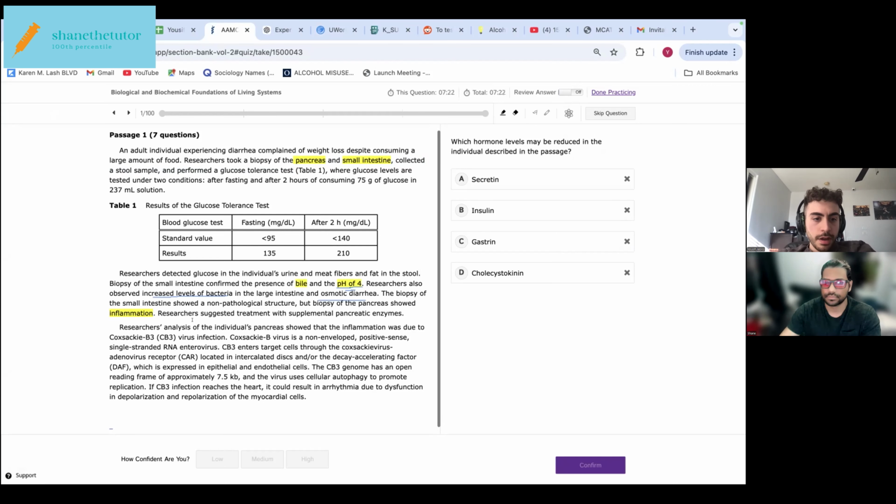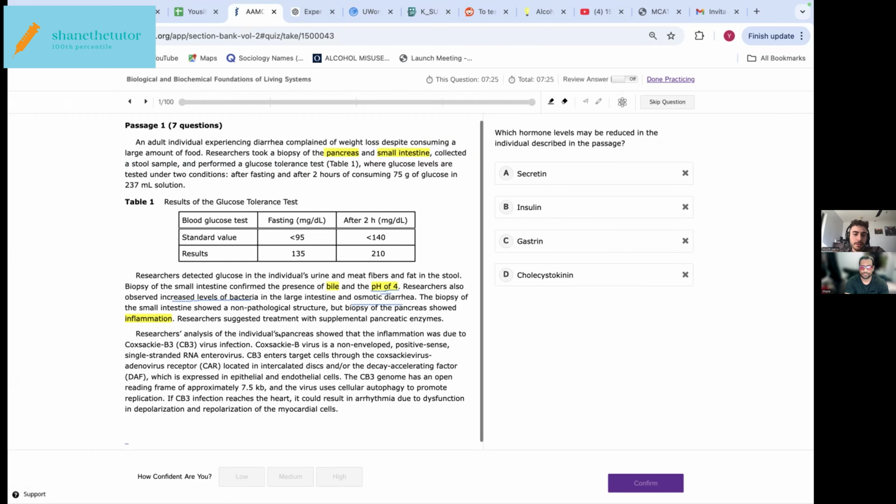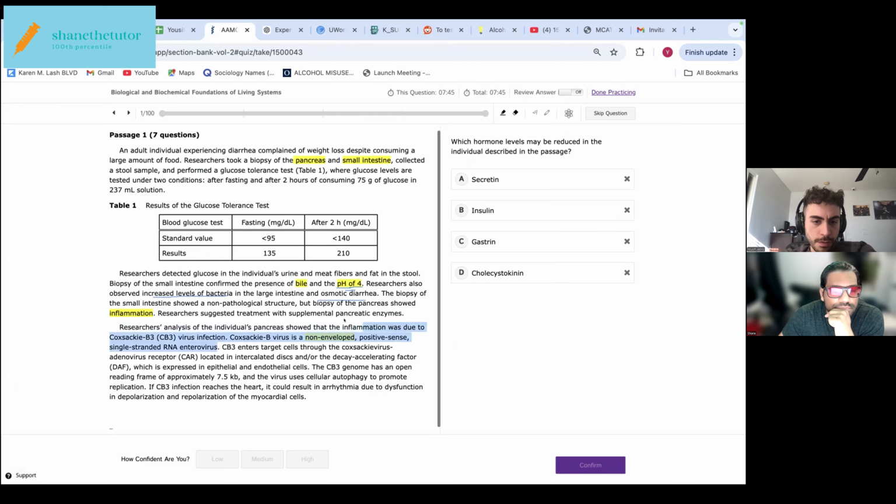Okay. Researchers' analysis of the individual's pancreas showed that the inflammation was due to CB3 virus infection. Coxsackie B virus is a non-enveloped positive-sense single-stranded RNA enterovirus.